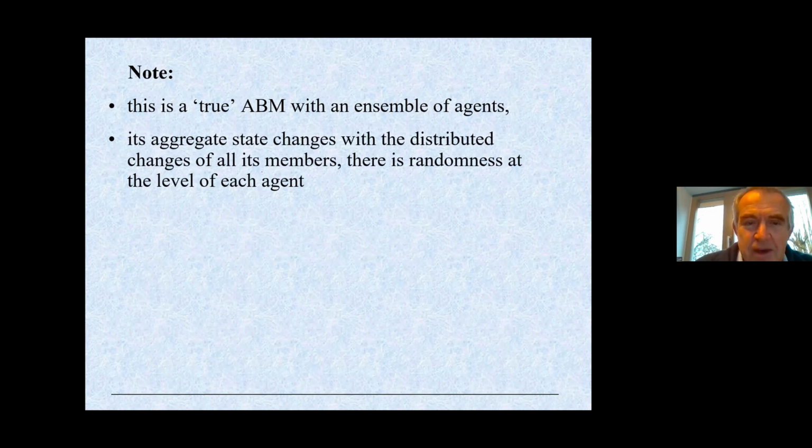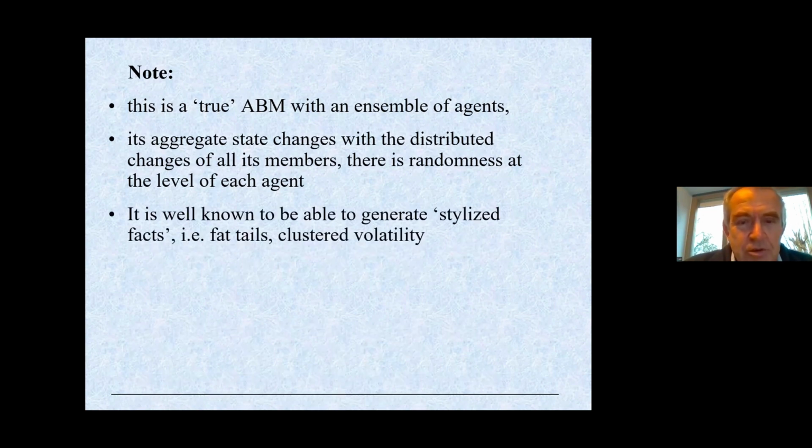So there's, in fact, randomness at the level of each agent, because each agent is following a probability for changing her or his attitude. And this model is well known to be able to generate the stylized facts of financial markets, namely fat tails and clustered volatility.